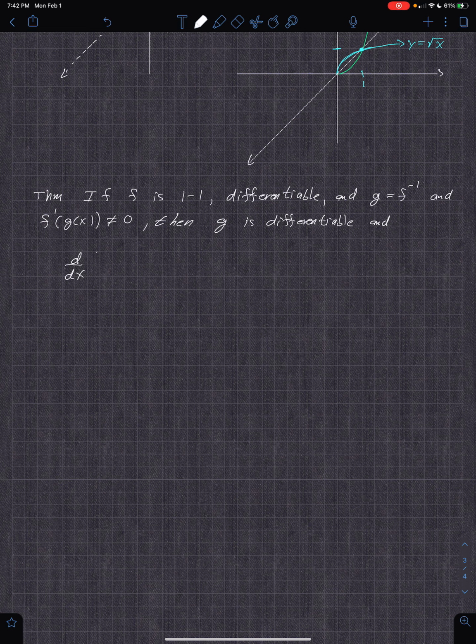d/dx of f inverse of x is equal to g prime of x, that's just notation reminding you, equal to 1 over f prime of g of x, which really is 1 over f prime of f inverse of x.